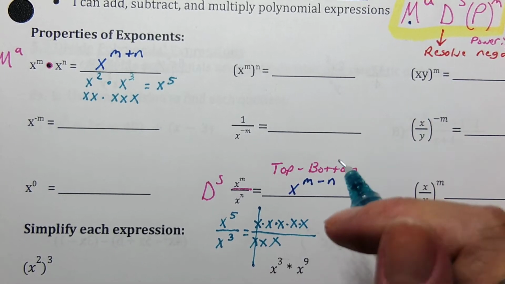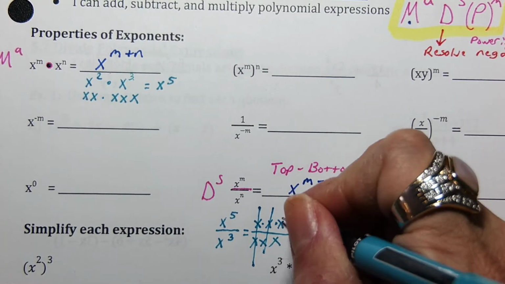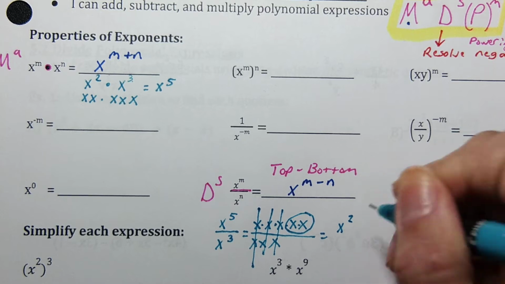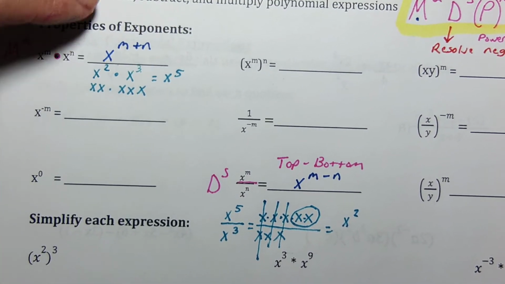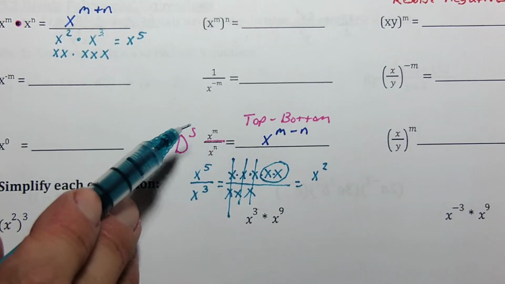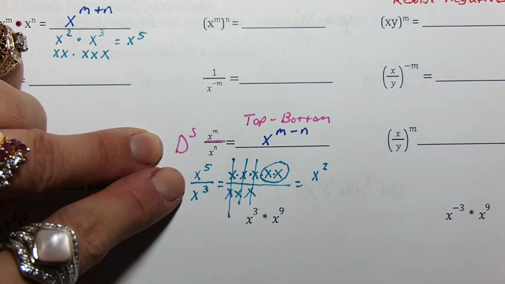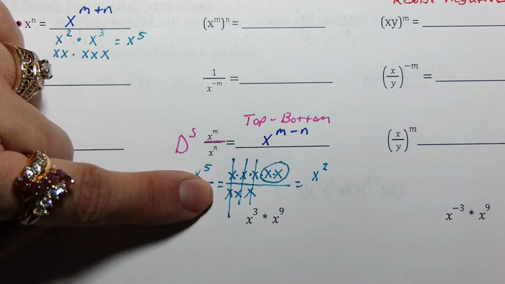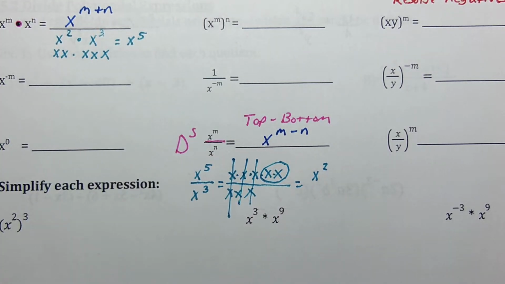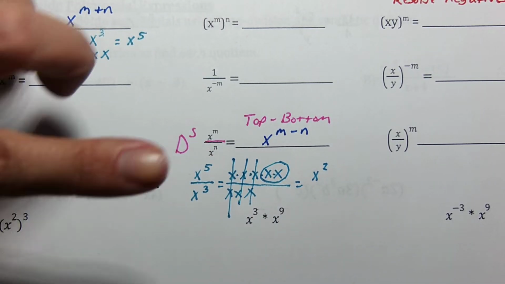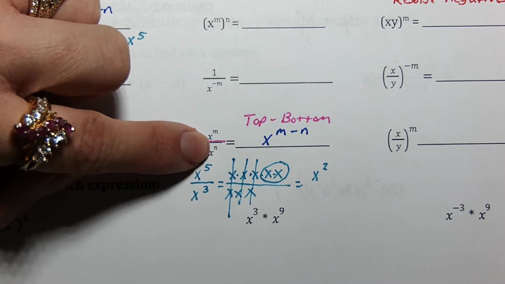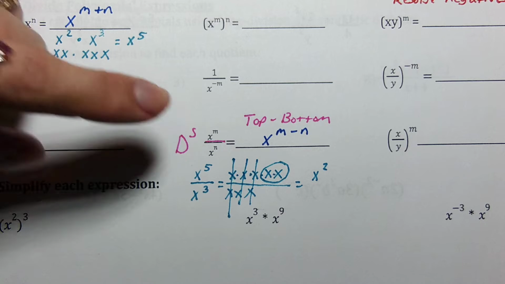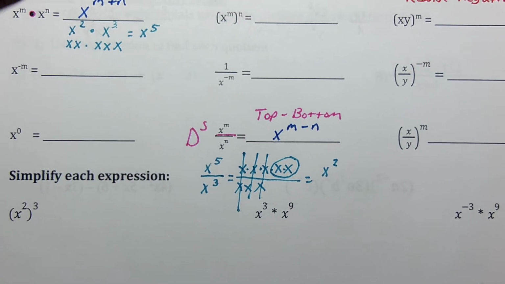So these I can cancel, these I can cancel, and these I can cancel. So what I'm left with is x squared. And as we can see, our shortcut here says if I am dividing the bases, we can subtract the exponents, and 5 minus 3 does indeed give us 2. So my base operation is dividing, but what I can do with the powers or the exponents is subtract them.